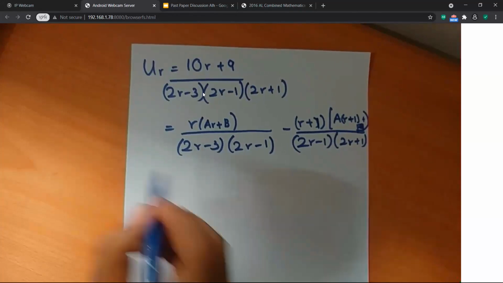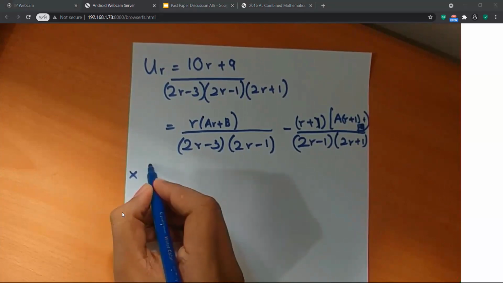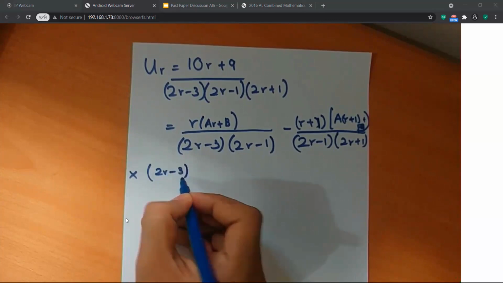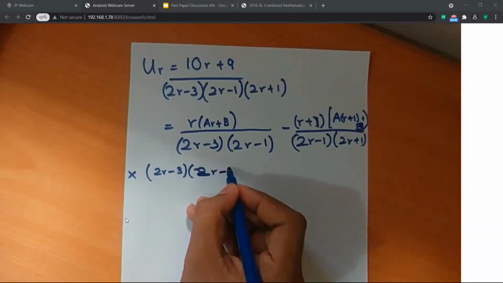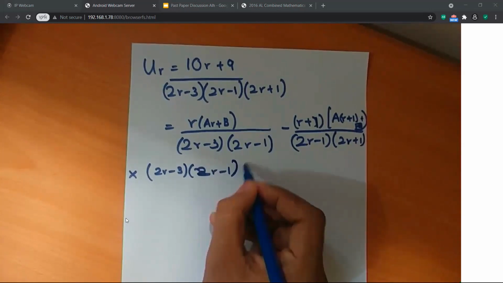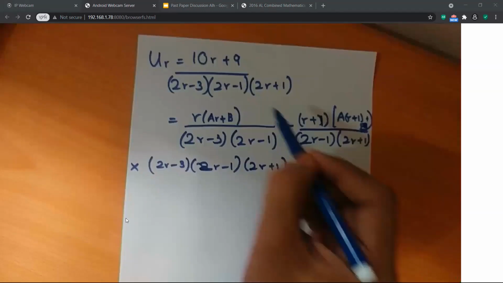So multiply all these things by 2r minus 3, 2r minus 1, and 2r plus 1. So this is the left hand side. This is the right hand side.